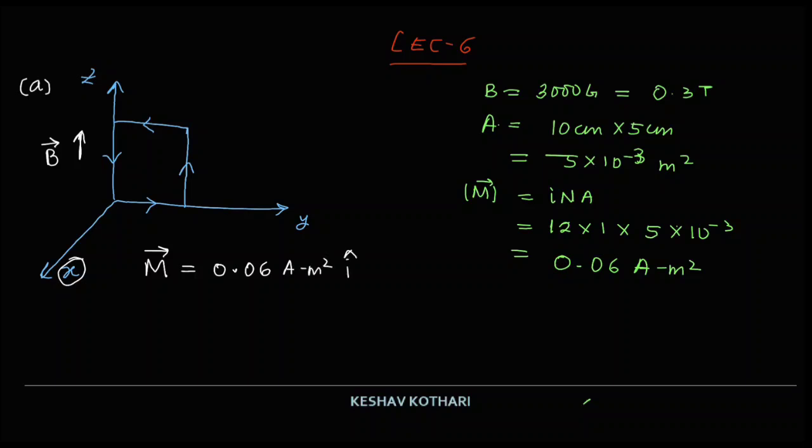The magnetic field B vector is in the upward, that is the z axis direction. So we write it as 0.3 Tesla k cap.